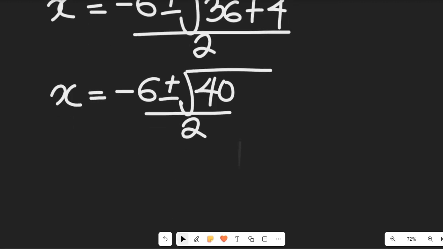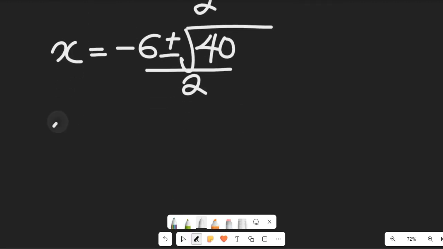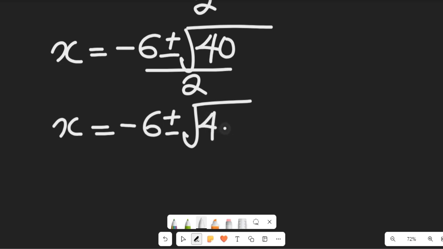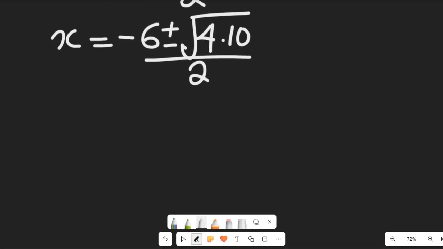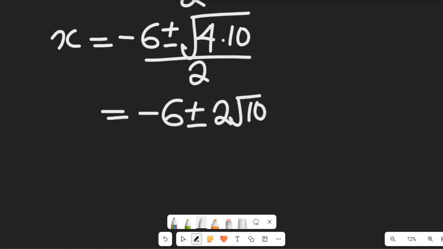So from this expression, you'll see that our x is equal to negative 6 plus or minus the square root of, this is going to give us 4 multiplied by 10, divided by 2. The square root of 4 is going to give us 2. So we're going to have negative 6 plus or minus 2 root 10 divided by 2.